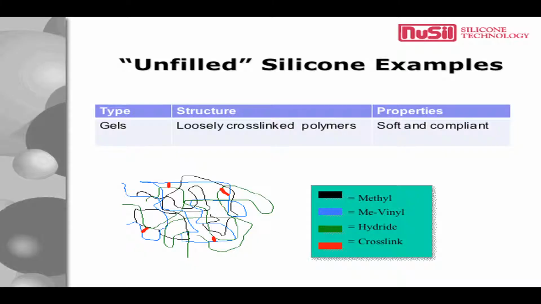So we're talking about fillers. Well, what about unfilled? A silicone gel is basically a polymer. So where in the previous slide we saw we added silica or resin to it to reinforce it, a gel would be the polymer with no reinforcing agent. So what do we use gels for?